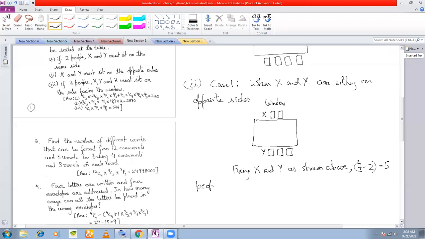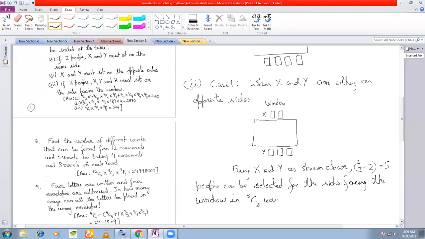People can be selected for the side facing the window in 5C3 ways, right?